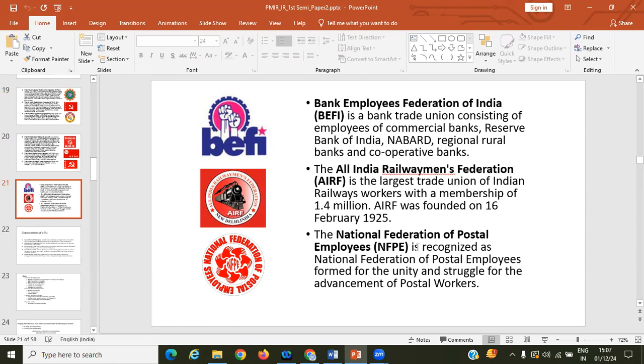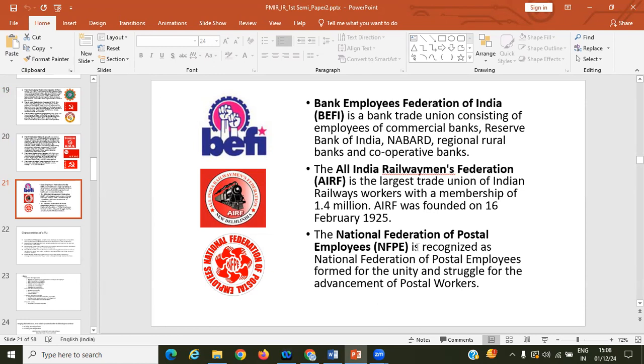Anyone working in a carpenter job will have a union. There are trade unions related to textiles, for anyone working in the textile industry, related to only one type of skill, one type of industry. There are unions of employees who are working in iron ore or steel metal.